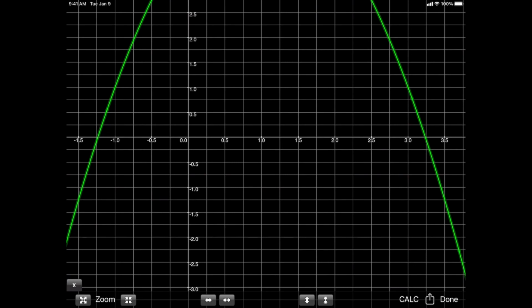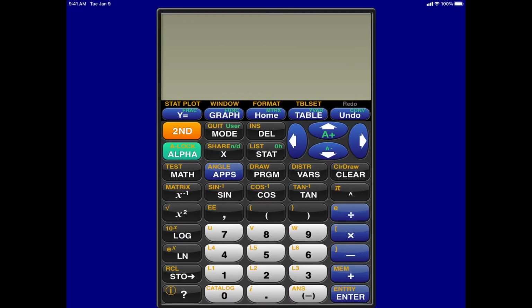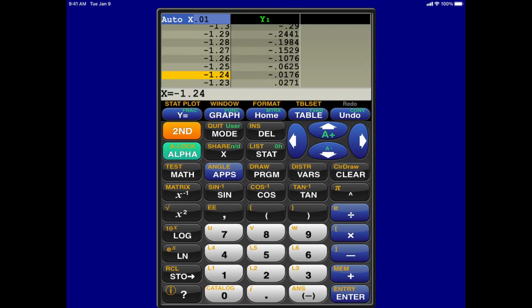Does that make sense? Negative 1.25. Let's try it. Second table set, negative 1.25. Table. Okay, there's this change between negatives and positives, so that's around negative 1.24.